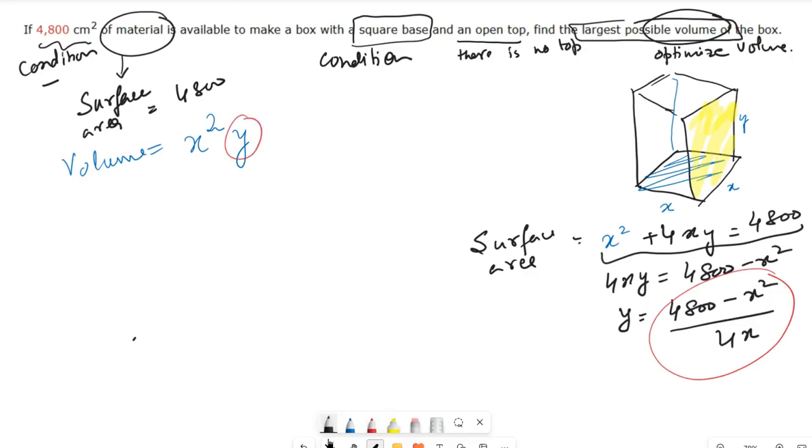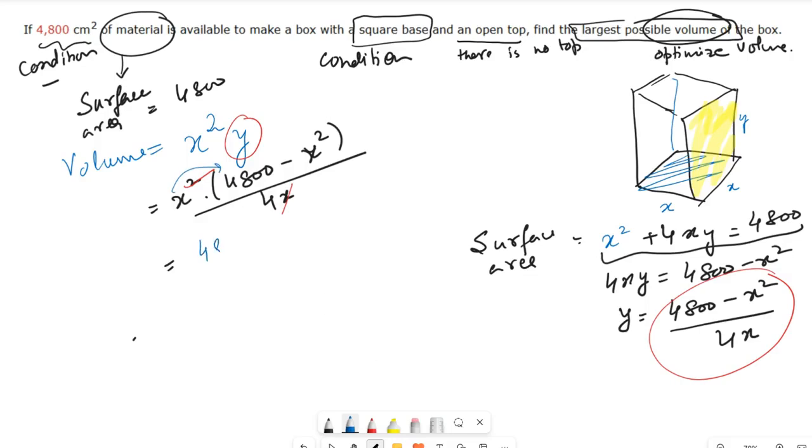So let's try this. This will be x² times (4,800 minus x²) divided by 4x. This is your volume. One factor of x will reduce this factor, and we can multiply the x inside.